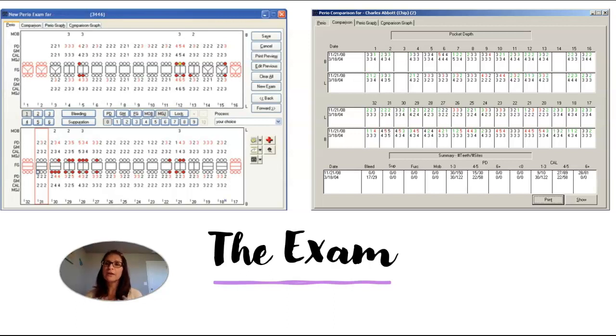Starting at 3, it could be the beginning of possibly some bone loss starting to occur. But anything from a 3 and below is usually considered normal. Anything above a 3 is considered to be the stages of bone loss and the severity of bone loss. So obviously the higher the number, the more bone loss there is.